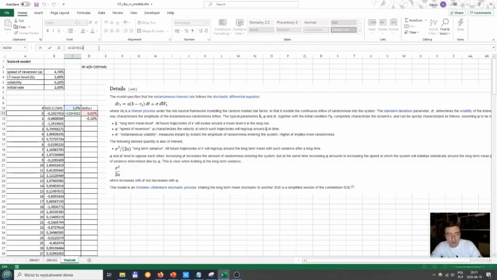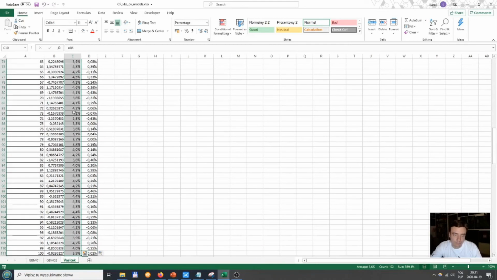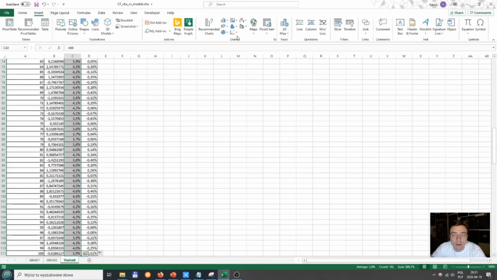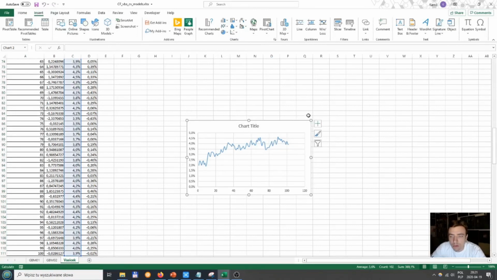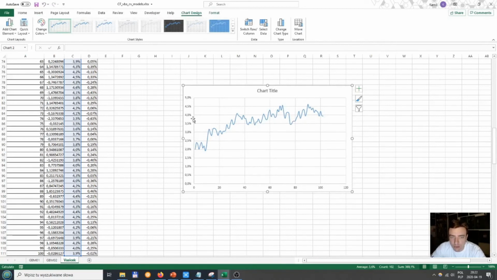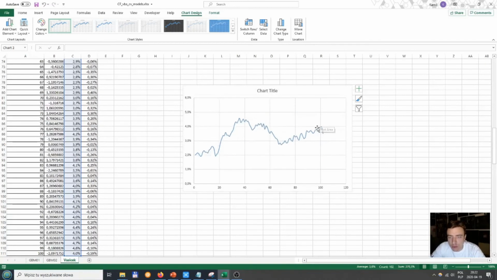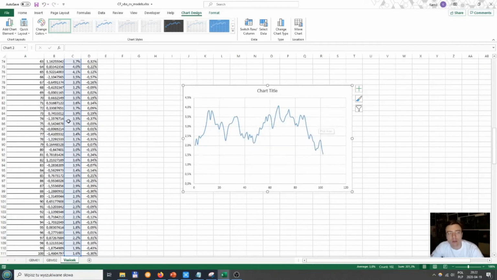And again, new level is equal to previous one plus the change, and so on. So I started with 2%, and I should be getting closer to the mean level, and this mean level is about 3.6, so it's about here, right? Usually I'm getting closer and closer.